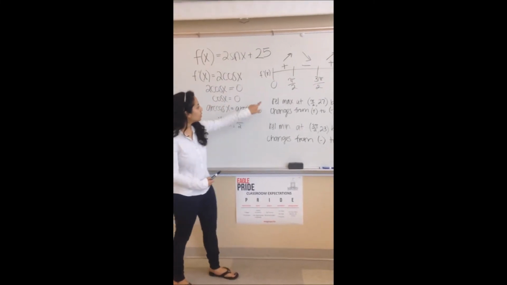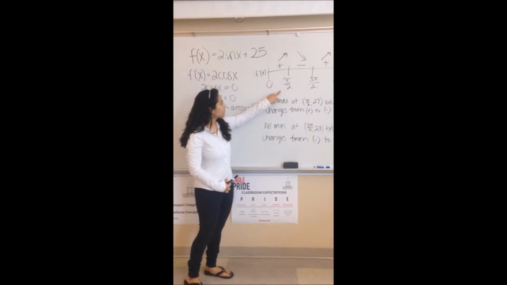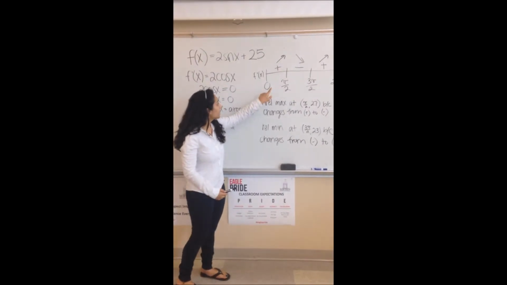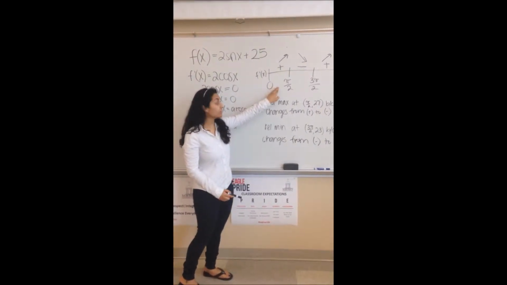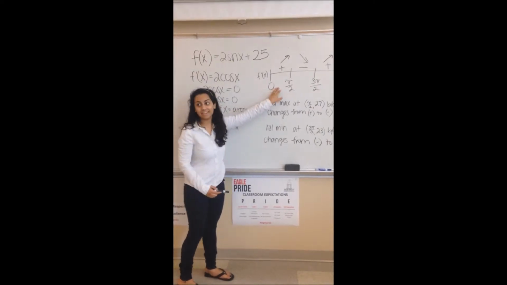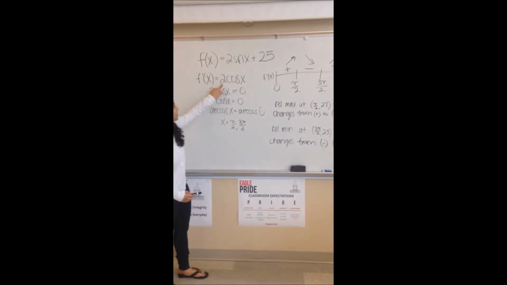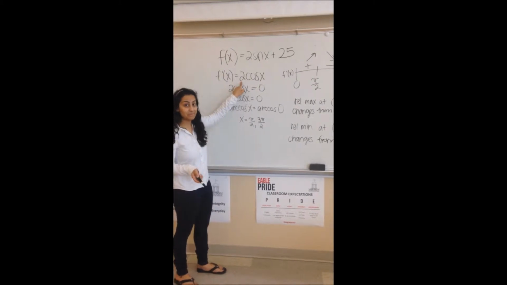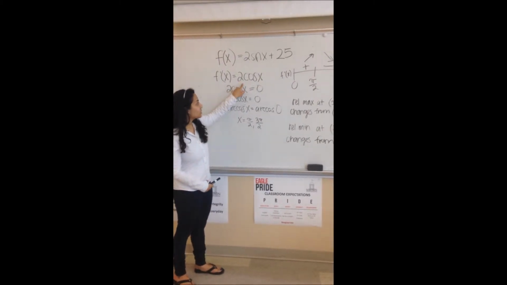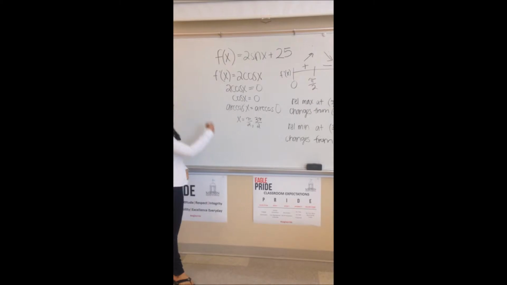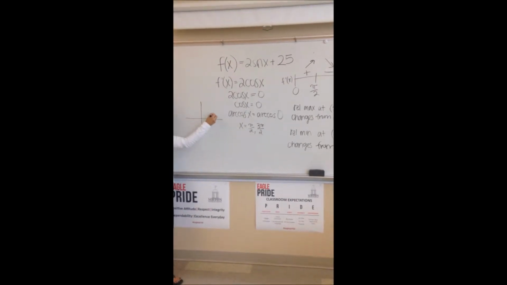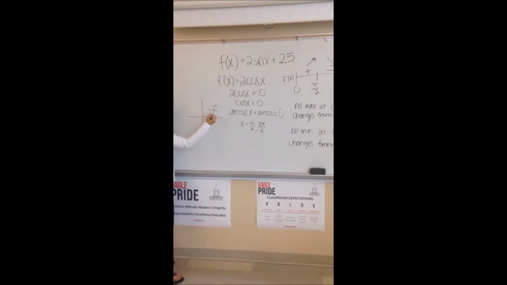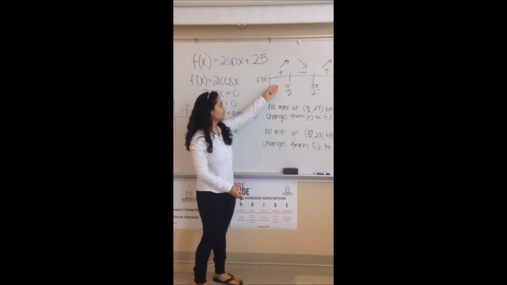You need to figure out from 0 to pi over 2 whether it's positive or negative. So you take any value in here and you plug it back into your first derivative test. From 0 to pi over 2, if you draw the unit circle, cosine is positive here. So we'll have a positive value.